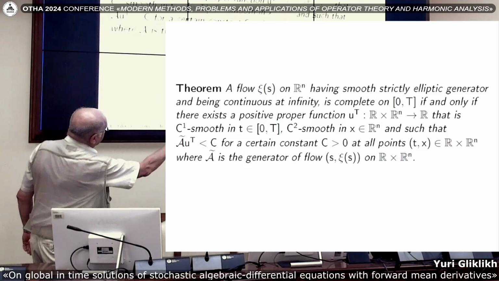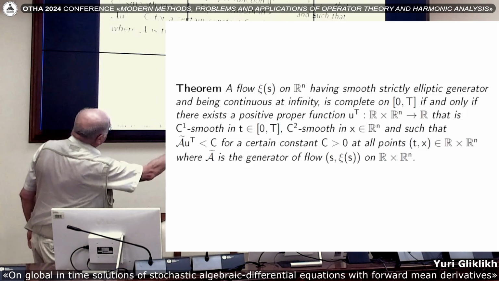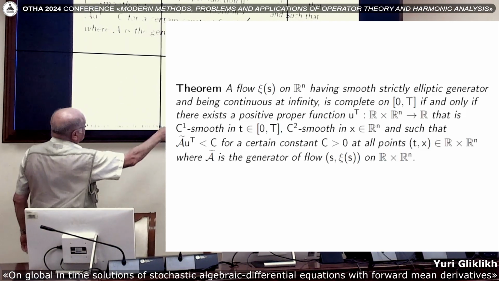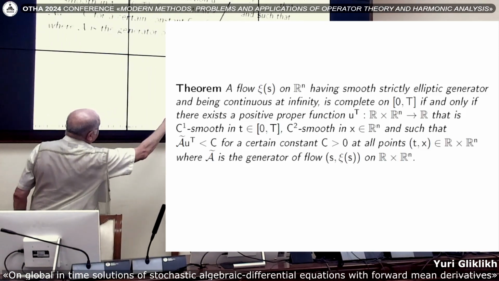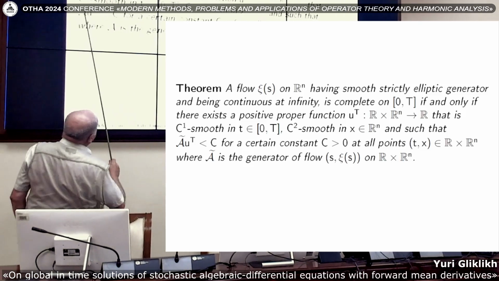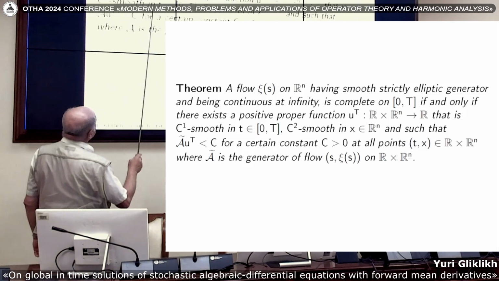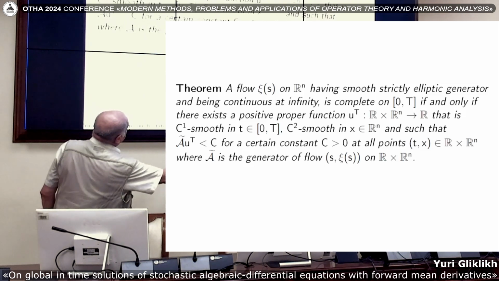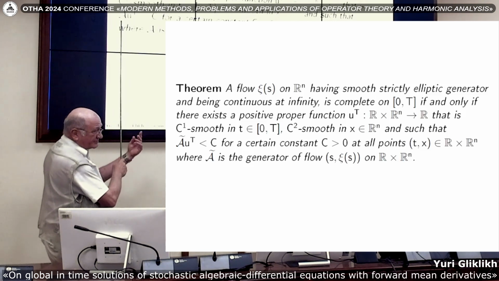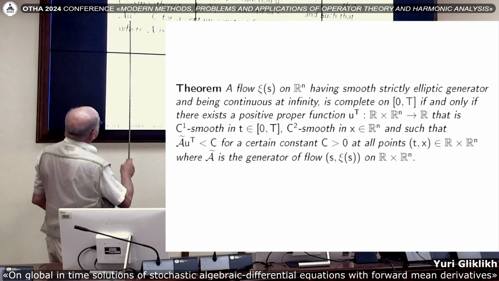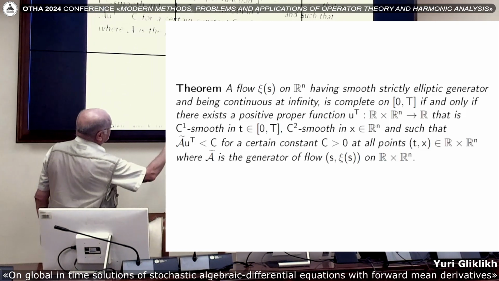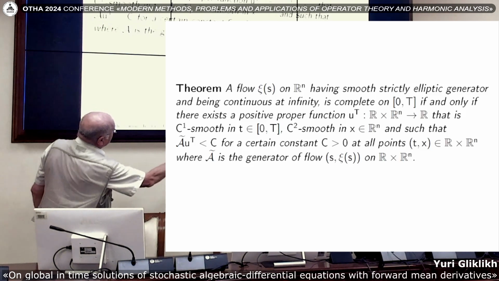It is complete on 0 to T if and only if there is a positive proper function u(t,x) on this multiplication, remember, the line and R^n, that is C1 smooth in t and C2 smooth in x, and such that the generator on that multiplication space applied to u is bounded by a certain positive constant c at all points.